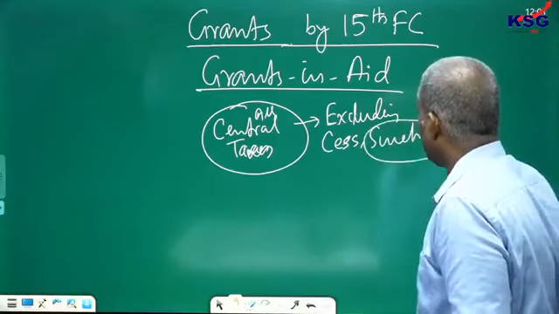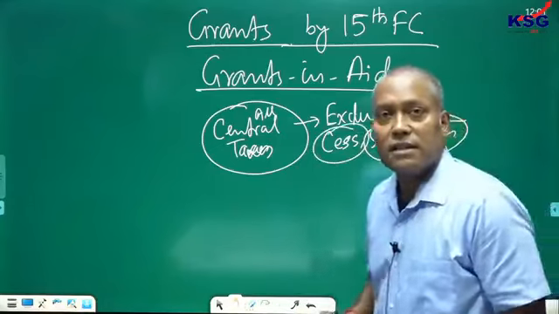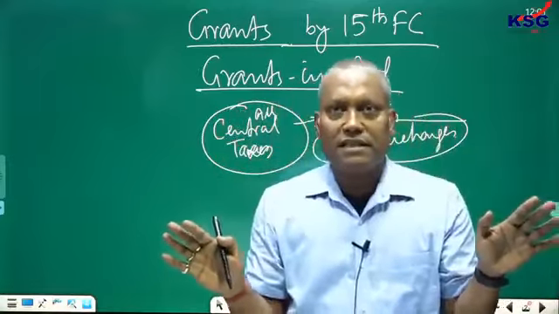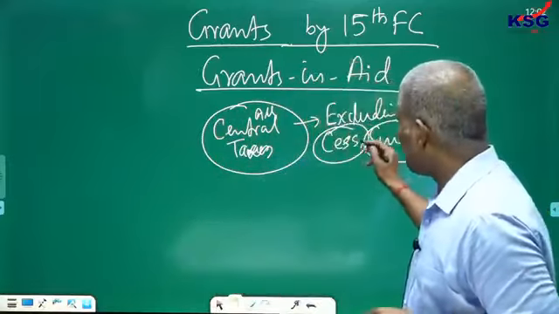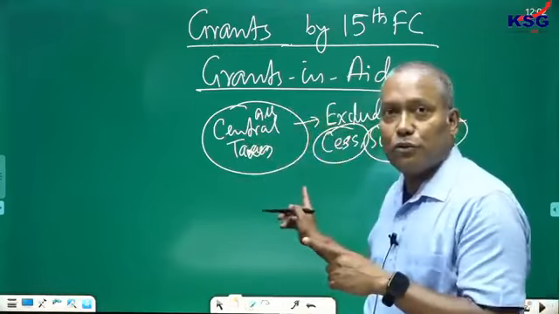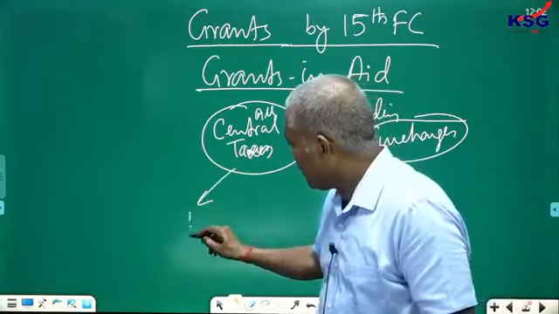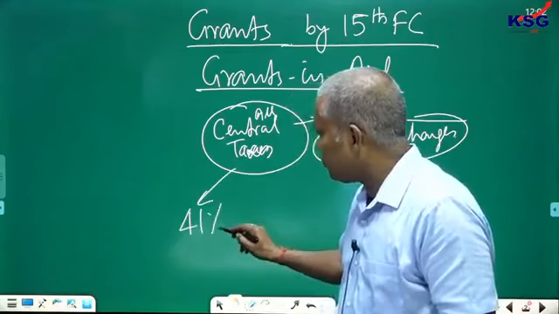Excluding cess and surcharges, you take all central taxes. Center is not distributing cess and surcharges. So except these two, all central taxes you divide. So 41% is given to states.